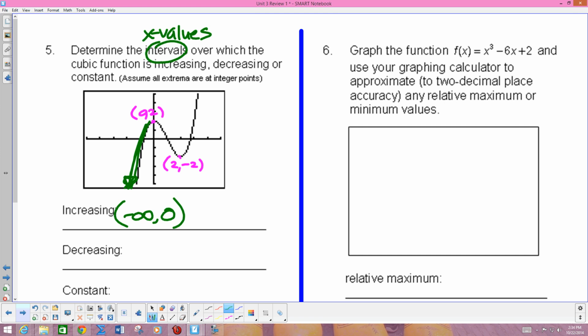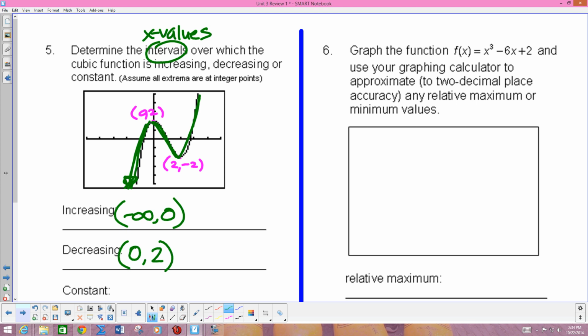Now as I continue on from this point here, what am I doing? I have a change in direction and I am decreasing. So where am I starting from? I'm starting at 0, right where I left off. And where am I going to? What's the x value? I am going to 2. Again, parentheses will be my end marks. And then now do I have more to go? I'm changing direction. And where am I going? I am now going up again.